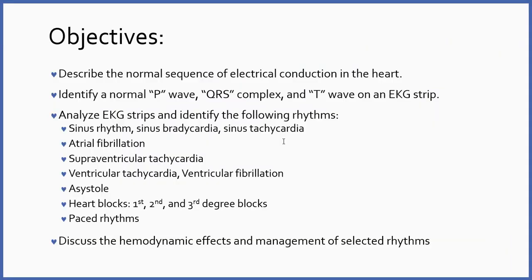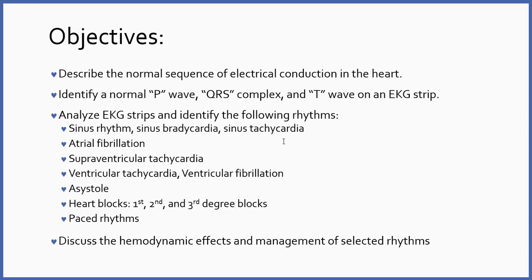This is the objectives for the entire packet. We're going to start out and do the first part of the packet in these two narrations that you're going to be viewing, and we'll finish the rest of the packet when you're at Gateway and Preclinical Lab. So the objectives of the entire packet are: describe normal sequence of electrical conduction in the heart, identify some EKG waveforms, a P wave, a QRS, and a T wave, analyze strips and identify the following rhythms.